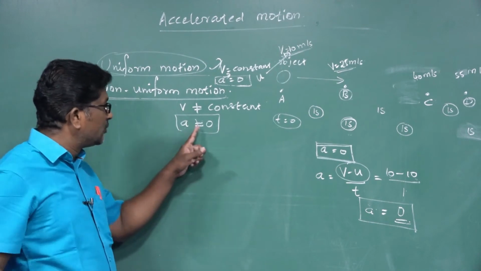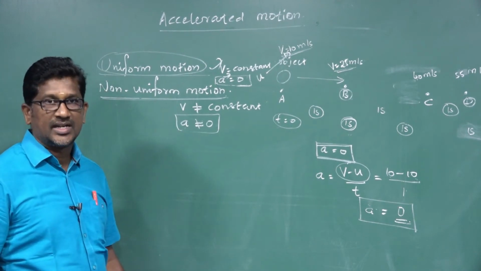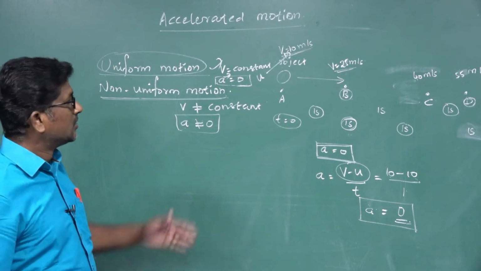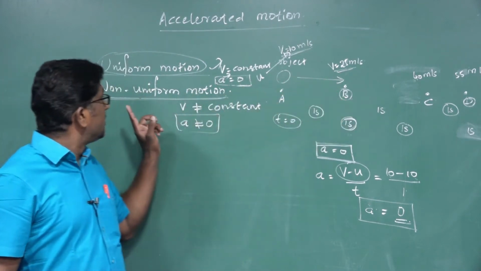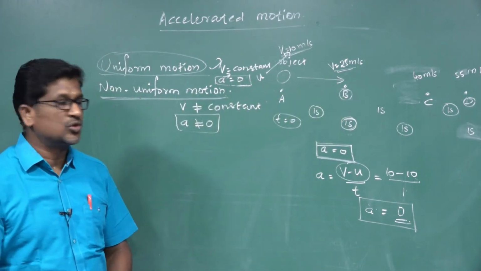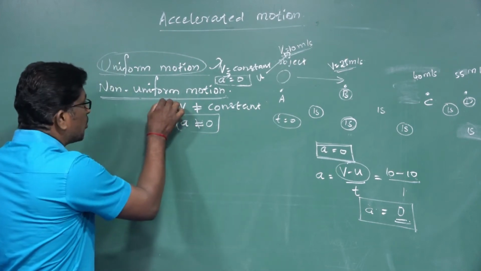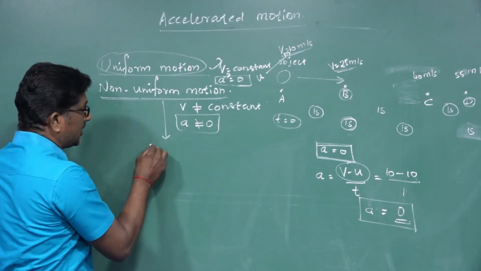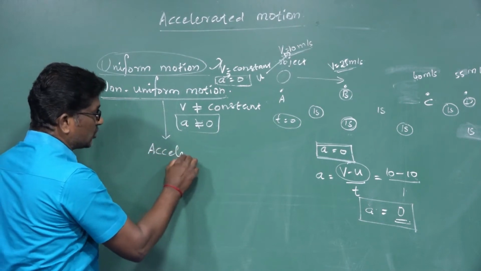So the acceleration value is not equal to 0. So this type of motion is called non-uniform motion. Non-uniform motion is also called accelerated motion.